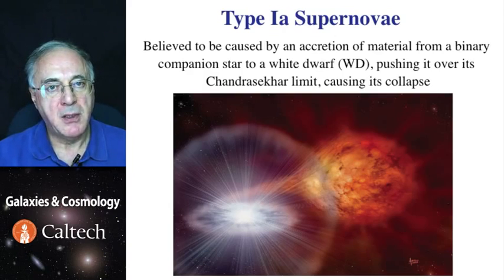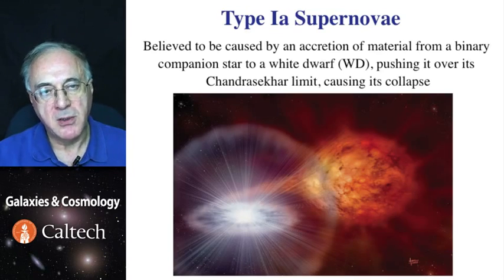And if the binary is close enough and their companion is not yet a white dwarf, the gravitational field of a white dwarf can pull the outer envelopes of the companion and accrete on the surface of it. Once the mass of the white dwarf crosses the so-called Chandrasekhar limit, which is the highest mass a white dwarf can have and be stable against collapse due to the degeneracy pressure, the star explodes.